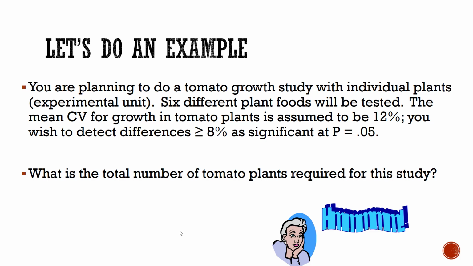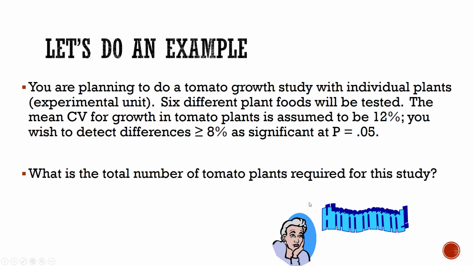So you wish to detect differences that are greater than or equal to 8% with a significance value of P equal to 0.05. Okay, so P here, this is our alpha value. The CV value is going to be 12%. So all the information that you need to solve this is actually shown in this problem here.